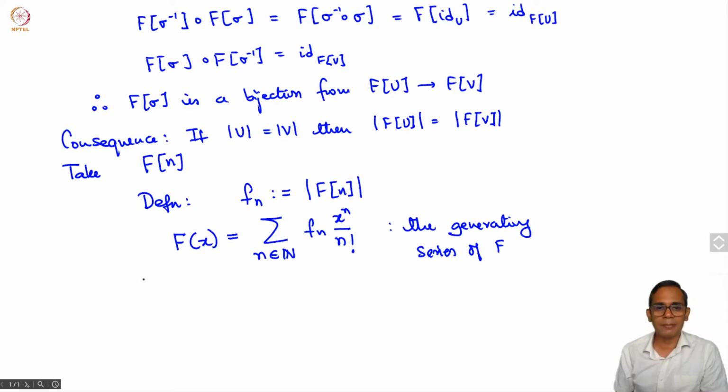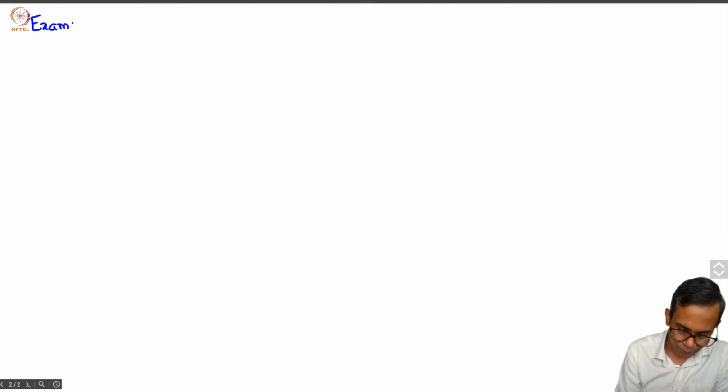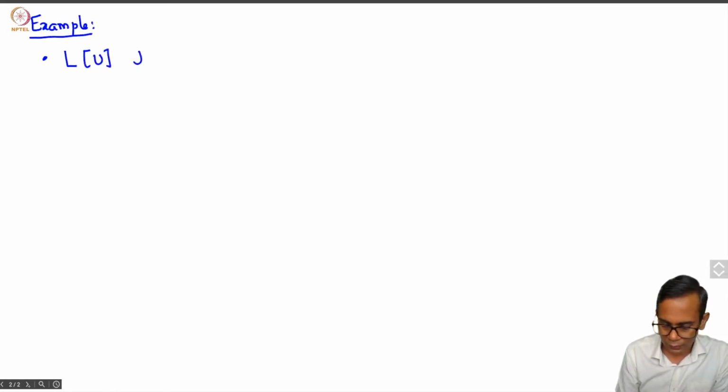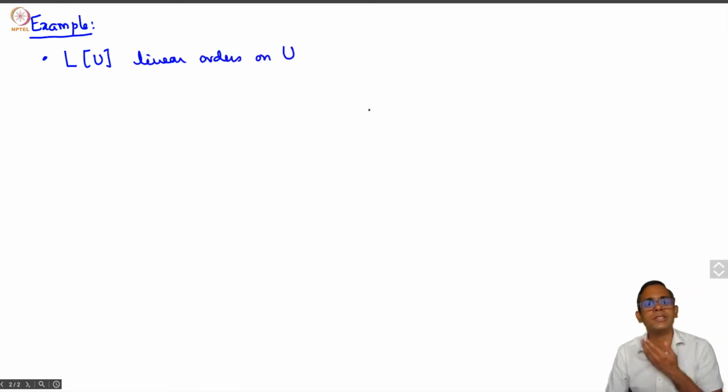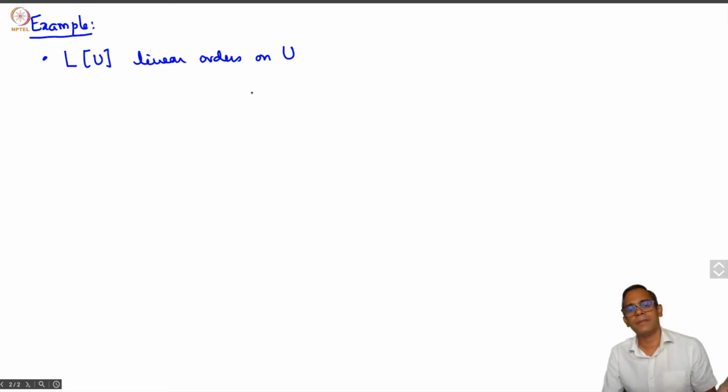So let's look at some examples of the generating series. Remember, we had the species L. L of U is the set of all linear orders on U. So L is the species of linear orders, and when you have a linear order on U, you can arrange all the elements of U in increasing order, and you get an arrangement of U. And if you change the linear order, you change these arrangements.